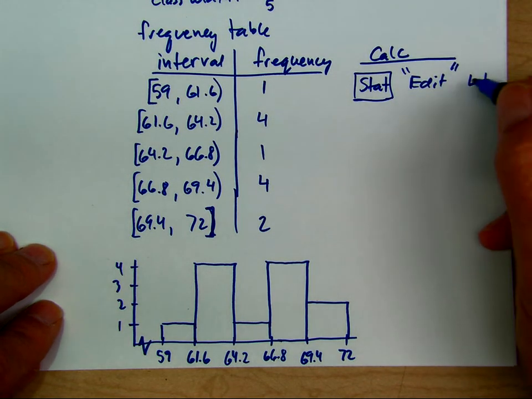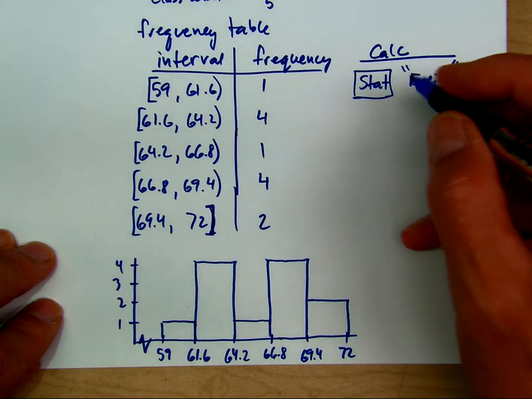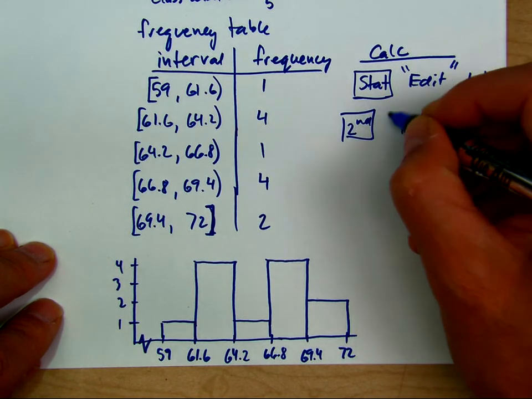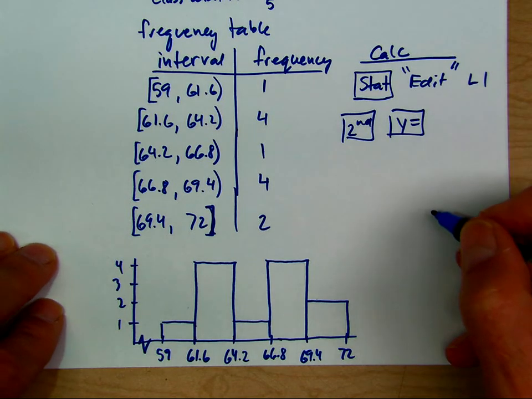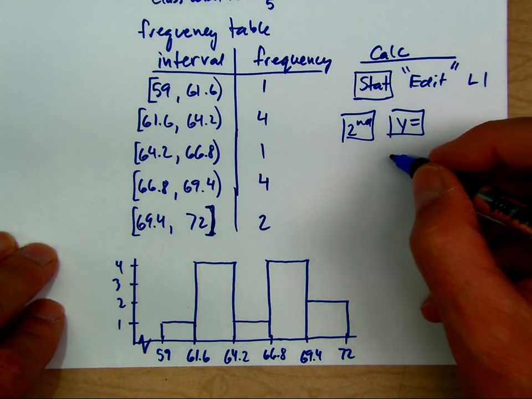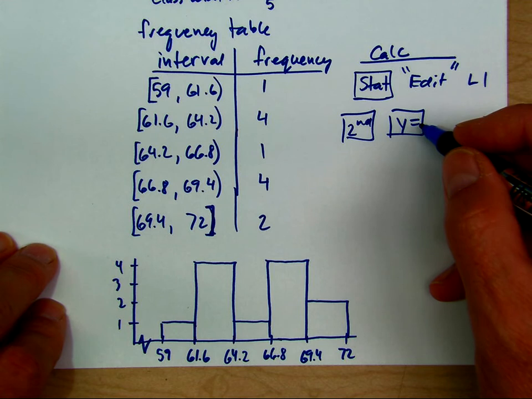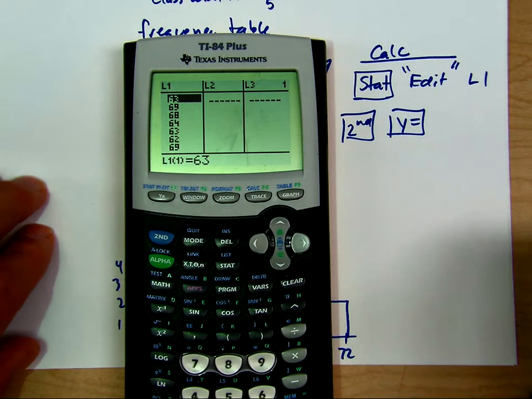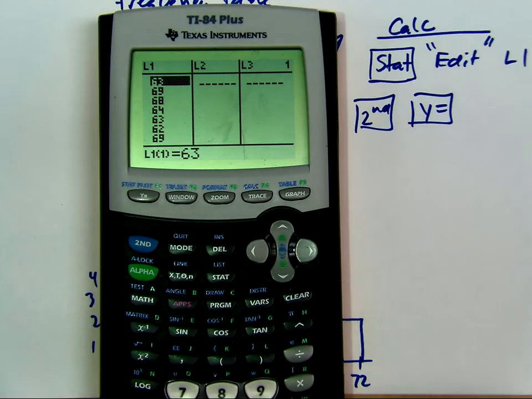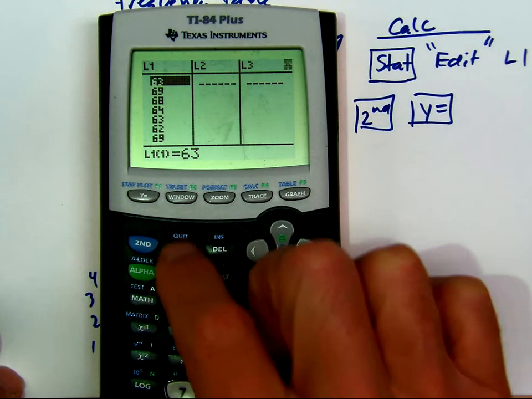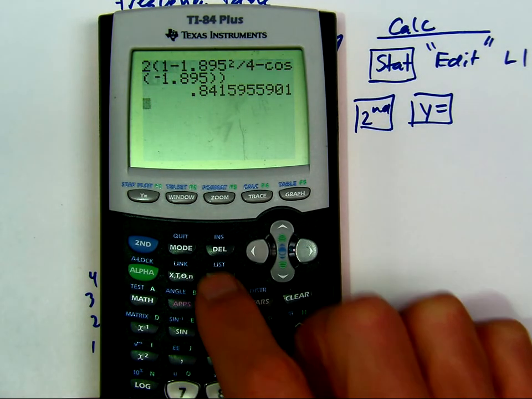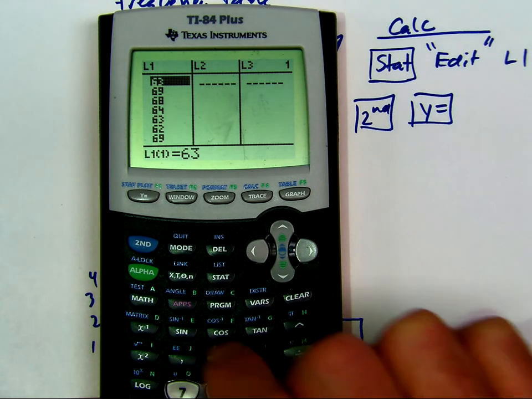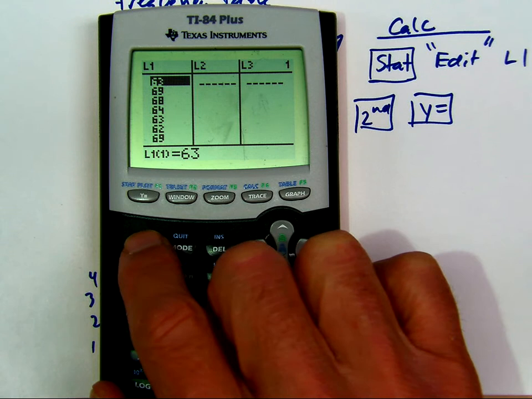Enter the data in L1, and then we go second y equals, and that's stat plot. We select the histogram, and I will show you the steps on the calculator. So let's start with stat edit, enter the data, and then we can do second y equals.